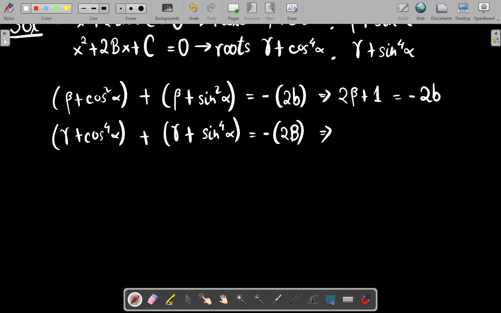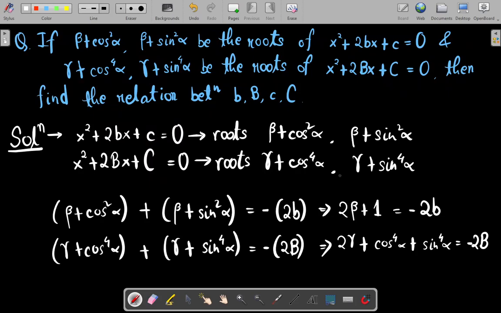So there is no point in trying to simplify this one, in my opinion. So this just becomes 2 gamma plus cos to the power 4 alpha plus sine to the power 4 alpha is equal to minus 2 capital B. This was the sum of roots.